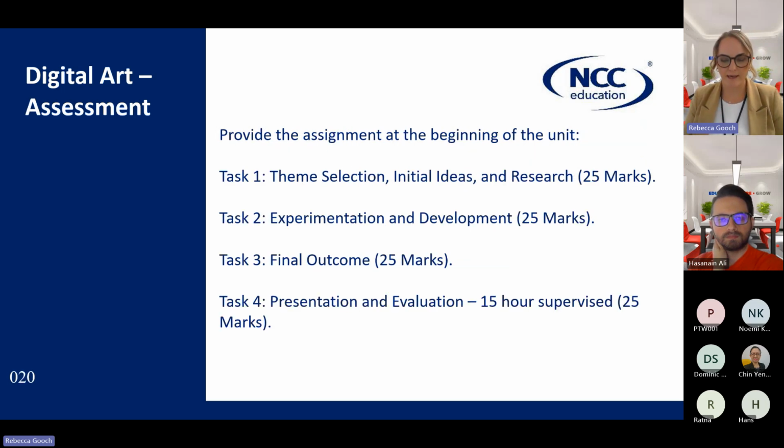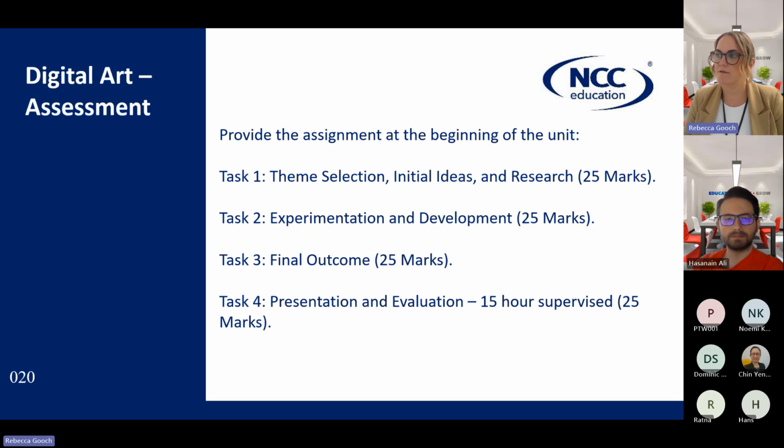So, some key elements here in terms of the task. Once again, I can't reiterate enough, students are presented with their assignment at the beginning of the journey of this unit, as well as the others. We really encourage students to explore a theme that allows integration of various digital art forms, with a real emphasis on conducting research across different mediums such as photography, video, audio, design, and potentially 3D.